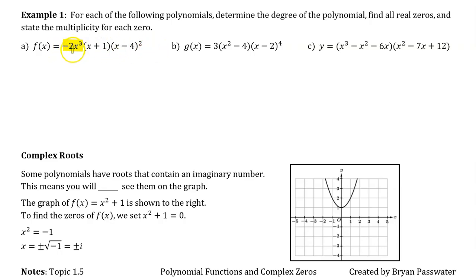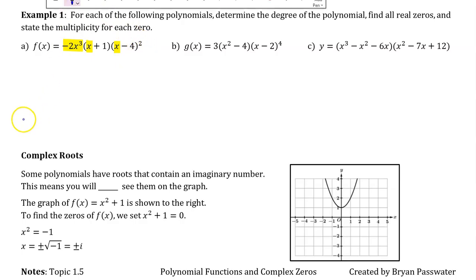So we've got negative 2x cubed from the first factor. From the second factor, it's just the x, ignore the 1. And from the third factor, we have the x, and don't forget that it is squared.